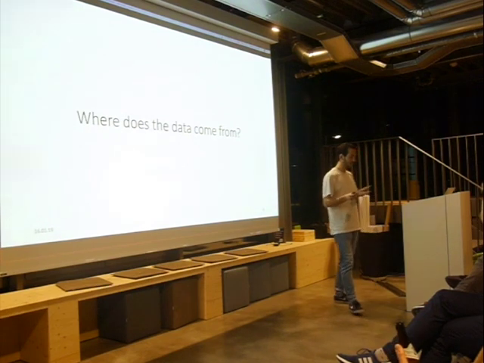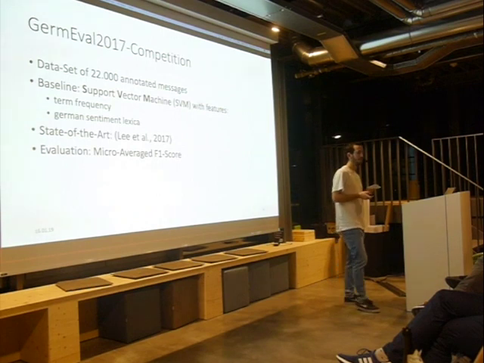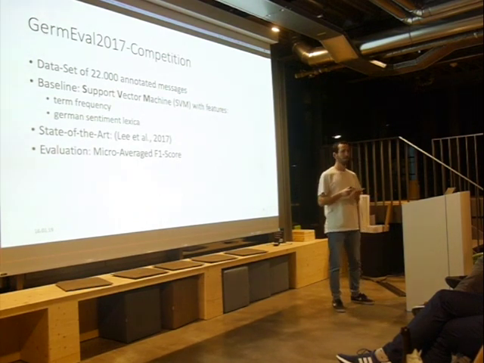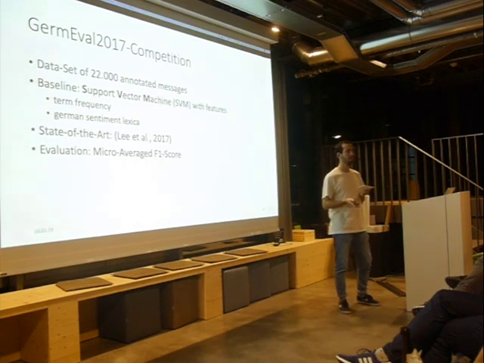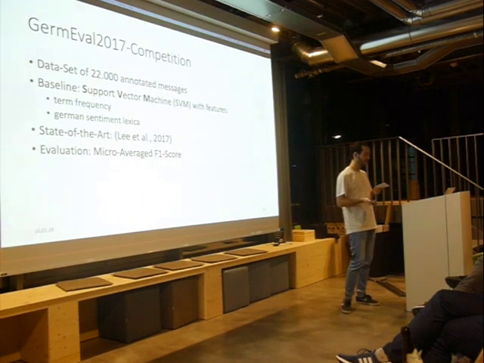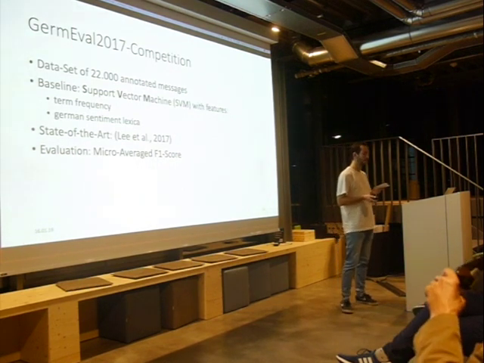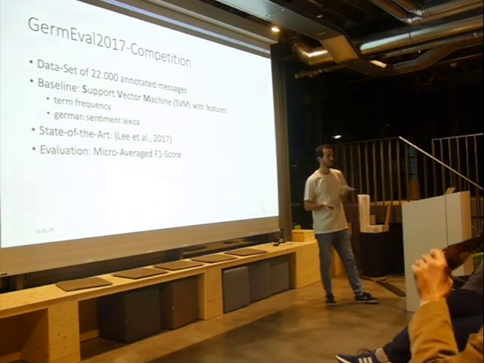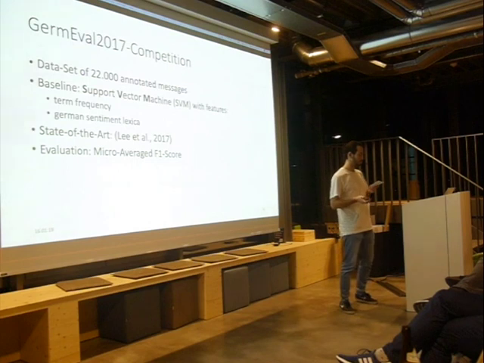So where's the data coming from? We use the German competition from 2017 as our base. It's providing 22,000 annotated messages from the context of the Deutsche Bahn in German language. It also provides a baseline system consisting of a support vector machine using term frequency and a German sentiment lexicon.